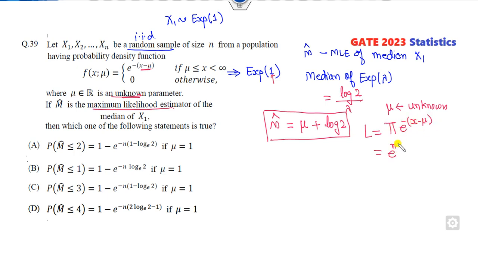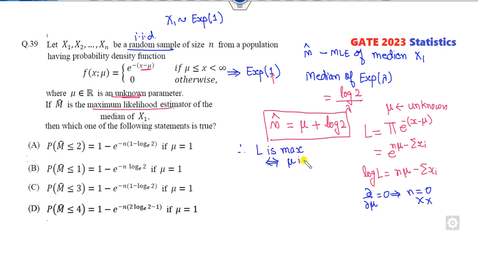So what is that? This is e raised to the power n mu minus the summation of xi. I can take the logarithm. Log L is n mu minus the summation of xi. So how can you maximize it? If I take the partial derivative and set it to 0, it gives n equal to 0, which has no meaning. Therefore, L is maximum when mu is maximum. So how can you do that?